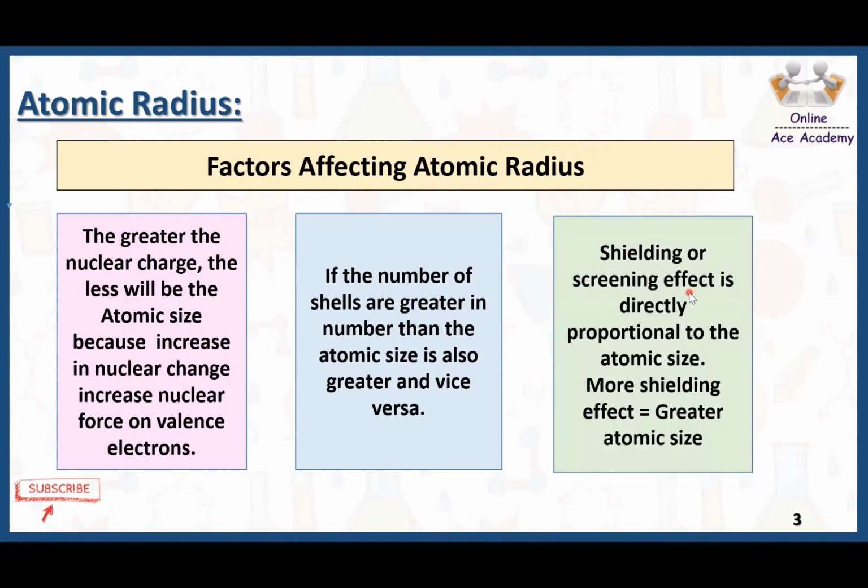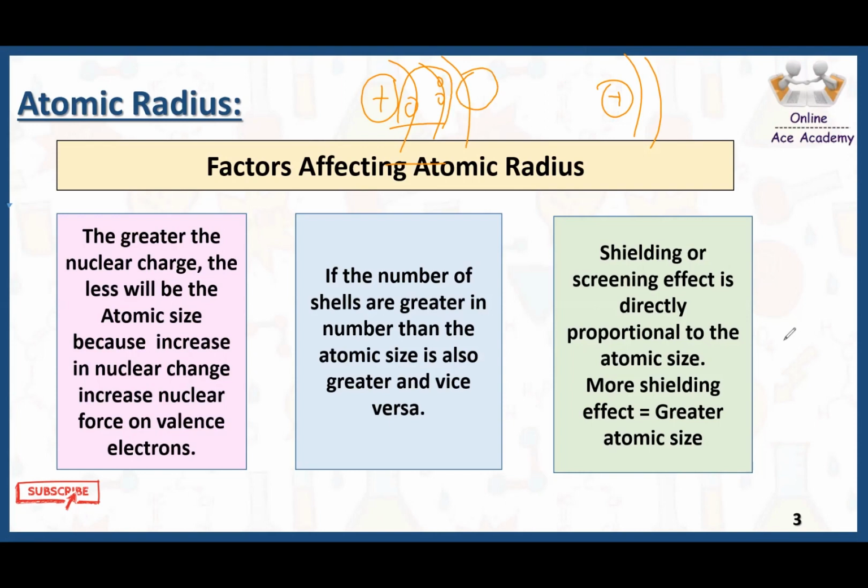Shielding or screening effect is directly proportional to the atomic size. More shielding effect means greater atomic size. If you can see an atom here, these are the shells and these are all the electrons inside the shells. The electrons present here are acting as a shield for the outermost electron.